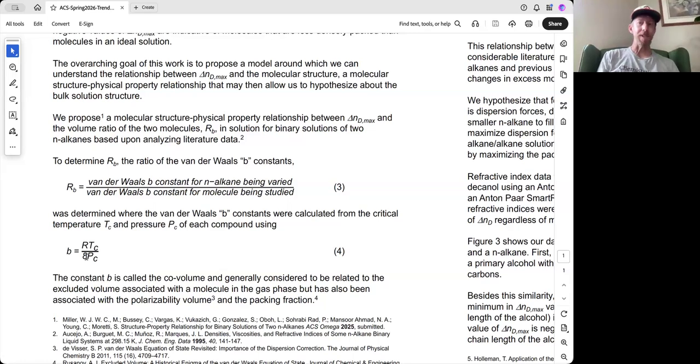There are two things you can say. One is that information to obtain B is readily available for all the compounds that we need. The other is that when we compared the co-volumes we obtained using B to at least one other volume, we found that there was a better correlation for B than the regular old van der Waals volumes.